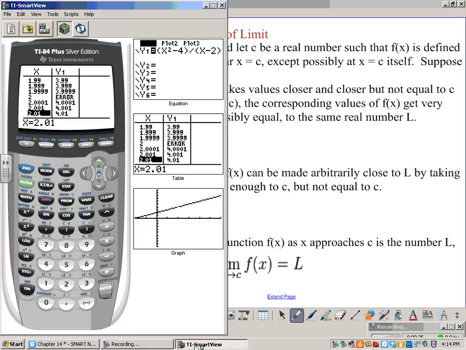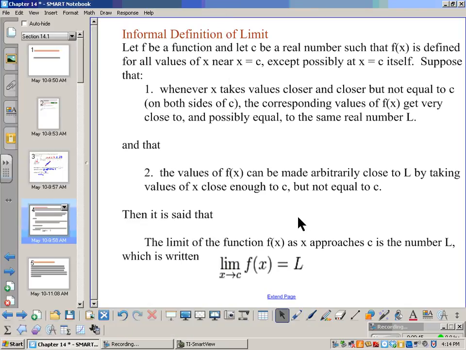So here you notice, on your table, as x is approaching 2 from 1.99, 1.999, and so on, y is approaching 4. And then as we go 2.01, 2.001, 2.0001, again, we have y approaching 4 in that case. Okay, so that's the first thing that has to happen.